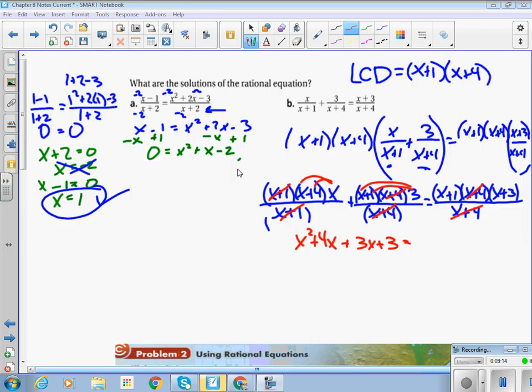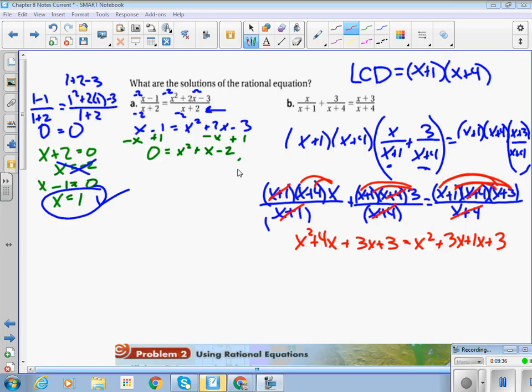And then I'm going to multiply these guys together. So x times x is x squared. x times 3 is 3x. 1 times x is 1x. And 1 times 3 is 3.